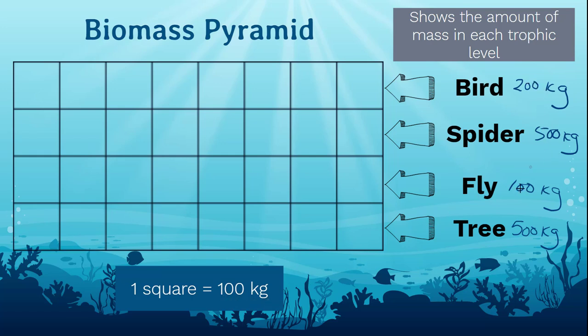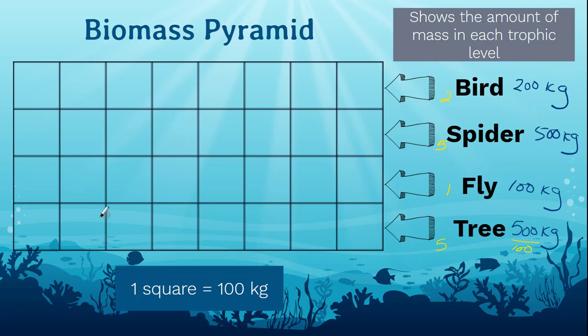So I'm going to take each of these numbers I found and divide by 100. So our tree, 500 divided by 100 to figure out how many squares I have, is going to be 5 squares. Our fly is going to be 1 square. Our spider is going to be 5 squares. And our bird is going to be 2 squares.